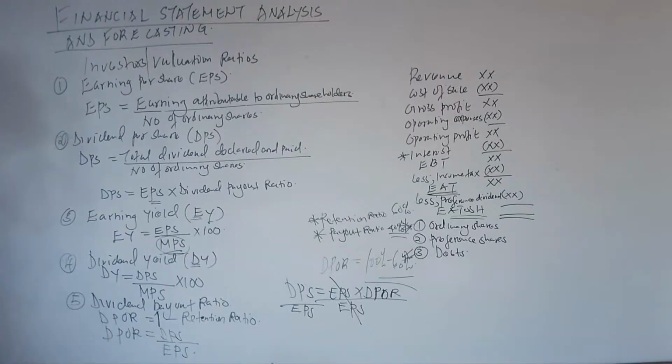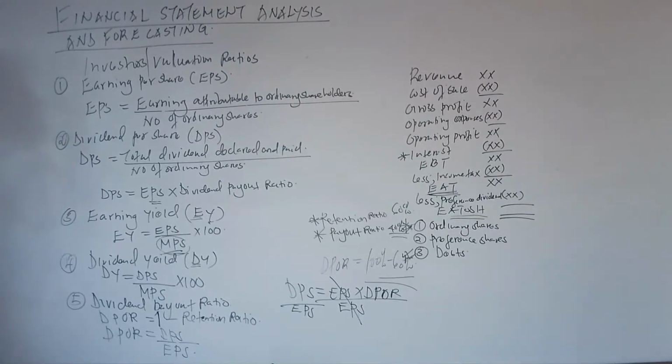So that's about the dividend payout ratio. Then from there we go to number 6, the dividend cover.